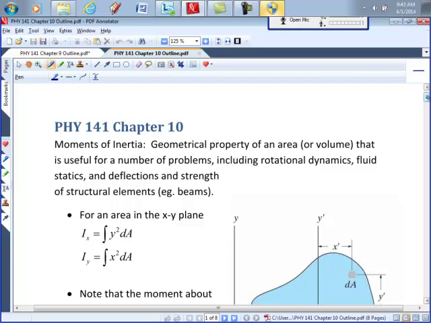So we're going to do some odd shapes first, and then some more common shapes that we can do by composites. You would look up the moment of inertia of rectangles and triangles and half-circle areas, and then use the parallel axis theorem to put them all together.